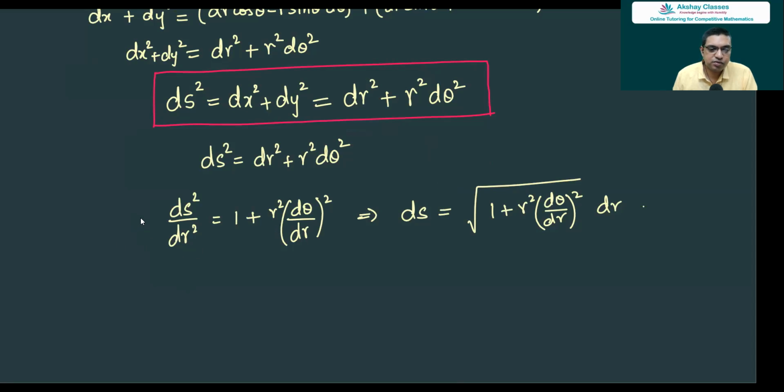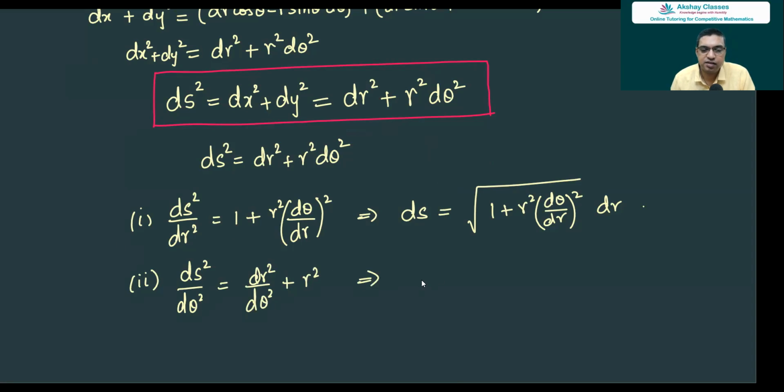Now, the same thing, if we divide by d theta, ds square by d theta square is equal to dr square by d theta square plus r square, which implies ds is under root of r square plus dr by d theta whole square d theta.